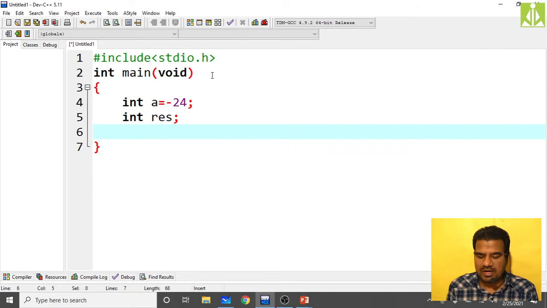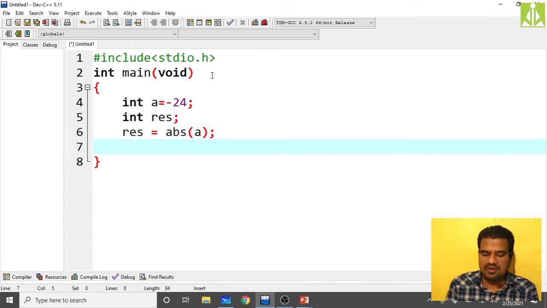So res equals abs of a. a is holding minus 24, a negative value. Now I will printf the value of that result.